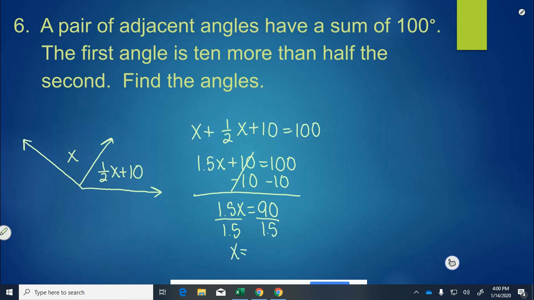And x equals 90 divided by 1.5, which is 60. Okay, so x is 60. Then we can plug that back in. This would be 60. And then half of 60 plus 10 is 30 plus 10, which is 40. So this would be 40. And sure enough, 60 plus 40 is 100. So we know we got it right.